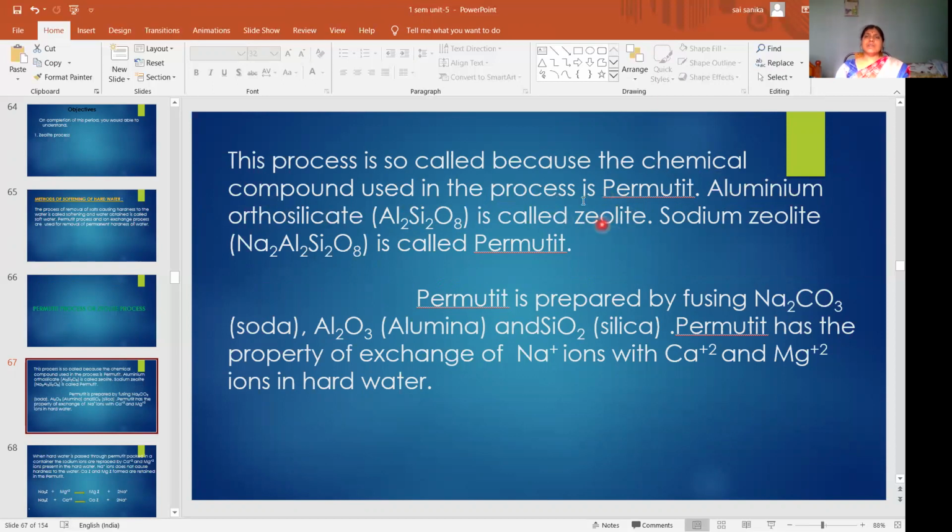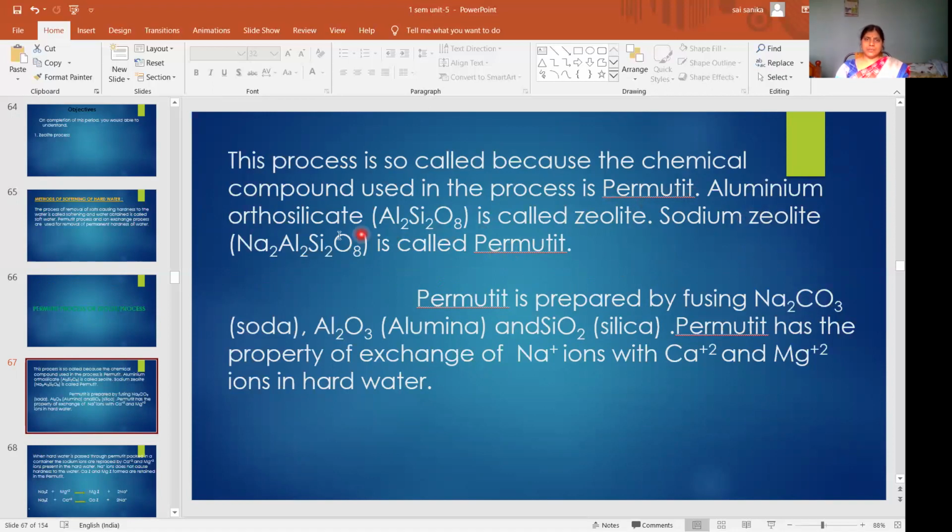That's why this process is called zeolite. Here, with zeolite we are using sodium zeolite. Zeolite with sodium is called sodium zeolite, and that sodium zeolite is called permutit. That's why we call this process the permutit process or zeolite process.